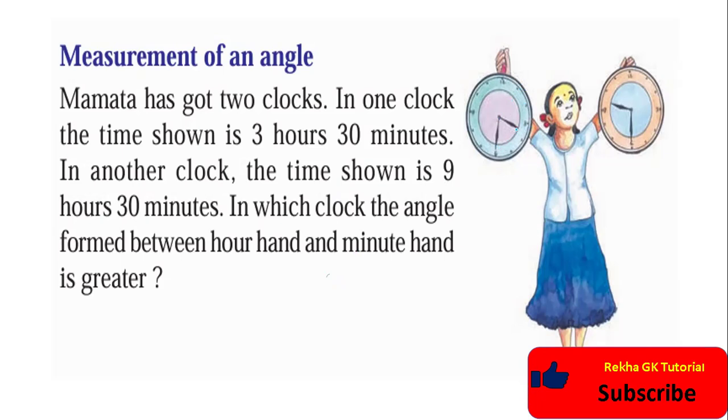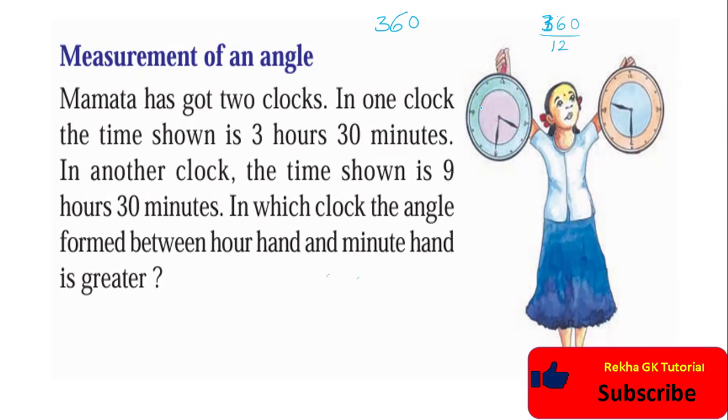See, this is 3 hours 30 minutes. We know that one complete circle has 360 degrees. In 360 degrees, one clock has 12 hours.